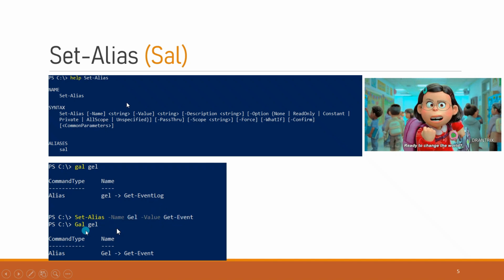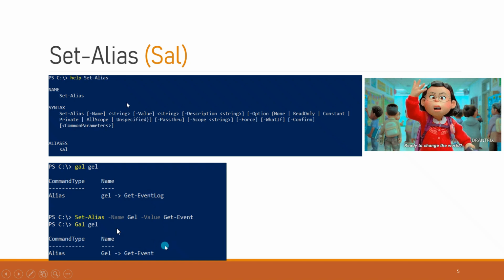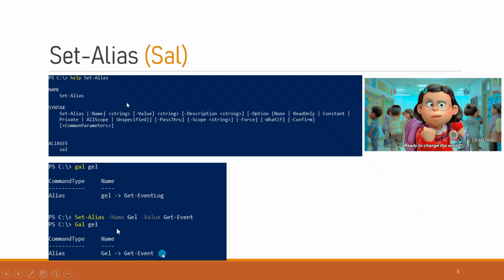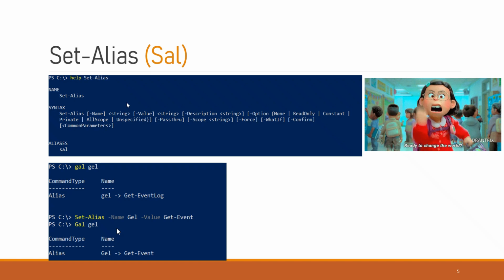And now if I go ahead and type gal with gel, you can see Get-Event instead of Get-EventLog. So you can use Set-Alias to modify or change the alias for different commandlets.